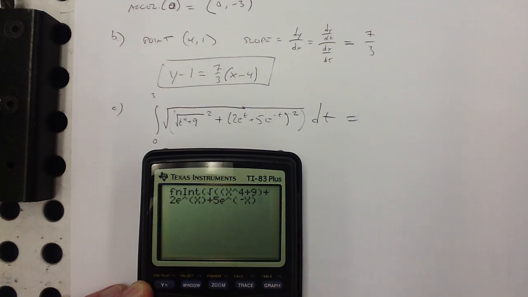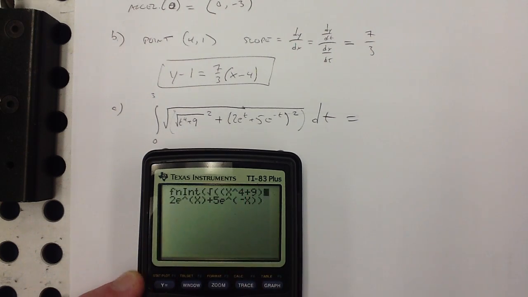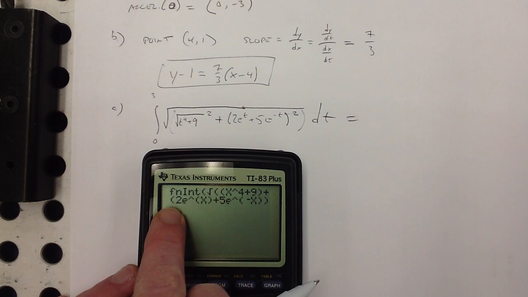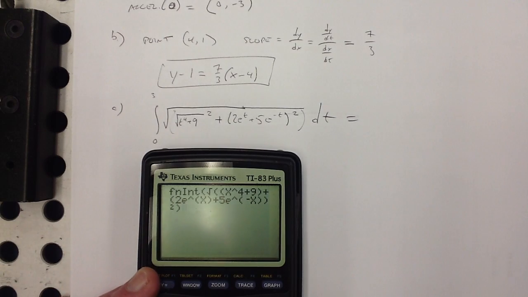That closes that exponent, and then another close, and I needed a big set of parentheses around that whole thing. So that looks good now, and now I'll square that, and then another close. Just be careful with those. Make sure you can get that all entered right. Comma x, comma, going from 0 to 3.